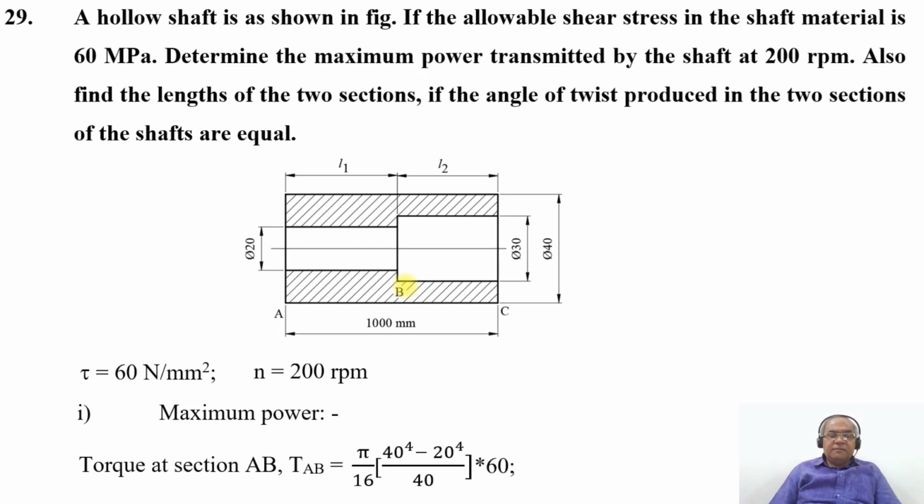So TAB will be equal to pi by 16, that is pi d cube by 16 into tau, which is the general formula for the shaft, which is pi by 16 into the outer diameter 40 to the power of 4 minus internal diameter 20 to the power of 4, divided by d naught, that is 40, into tau, which is 60 Newton per mm square. On simplification, we are going to get TAB equal to 706.86 into 10 to the power of 3 Newton mm.